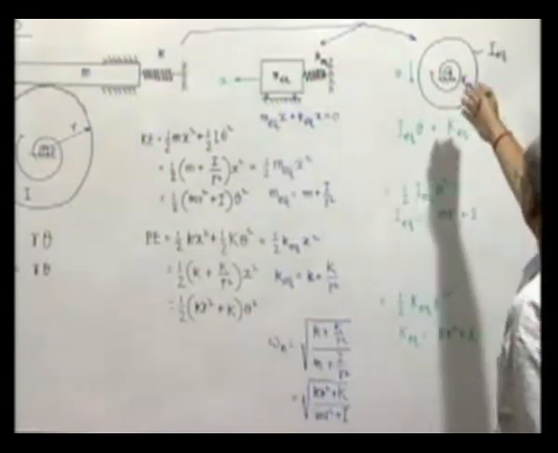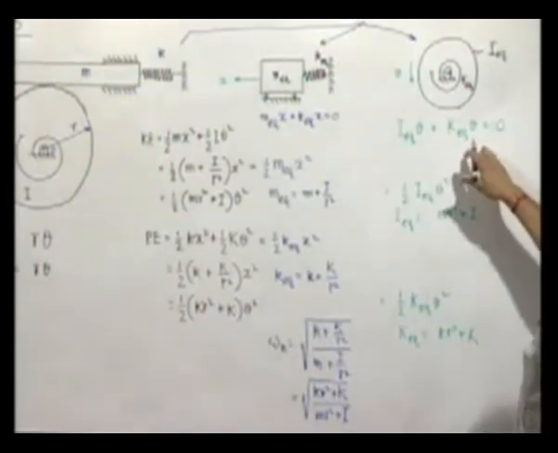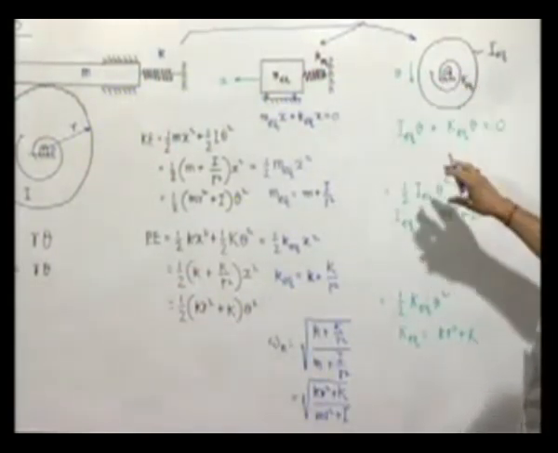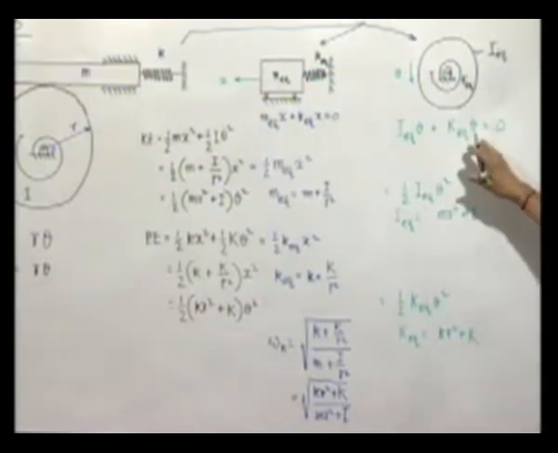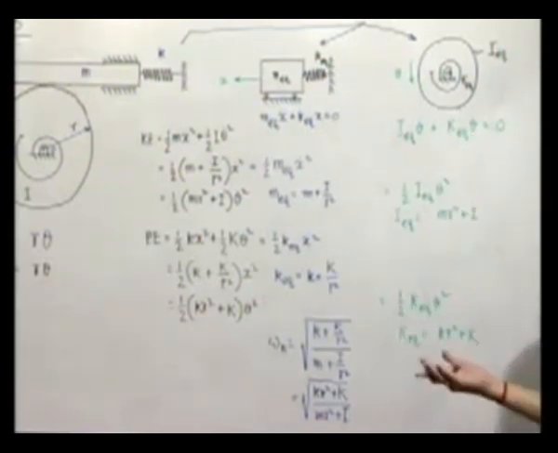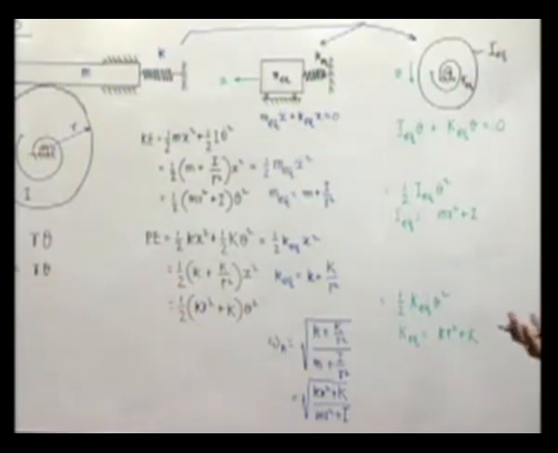This is coming directly from Newton's second law. The total torque acting on this when it is under angular displacement theta is K equivalent into theta, and that must be equal to I equivalent into theta double dot by Newton's second law.